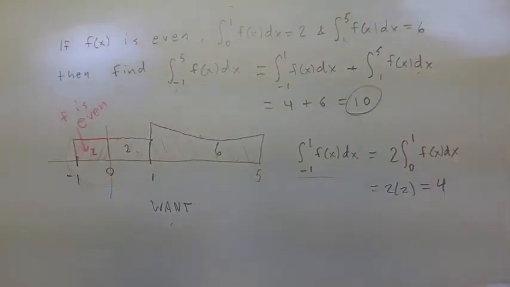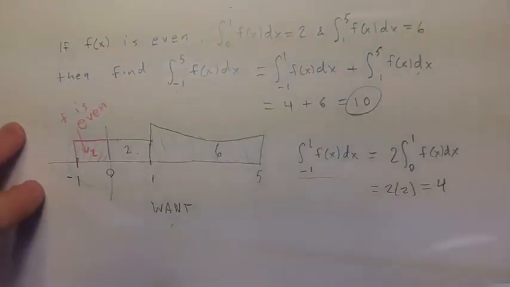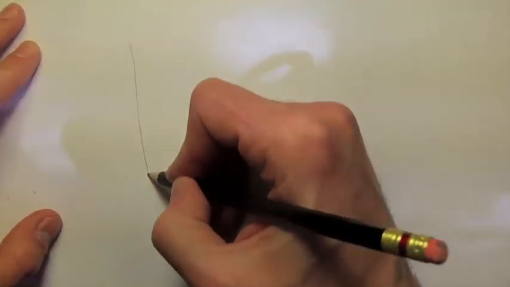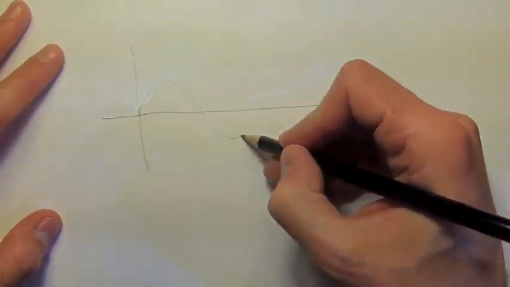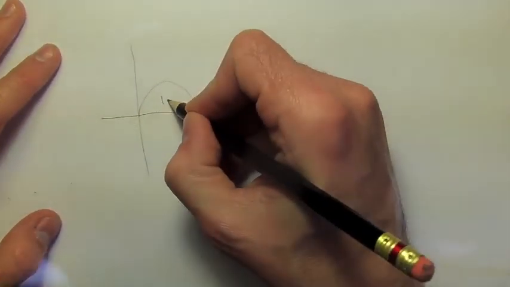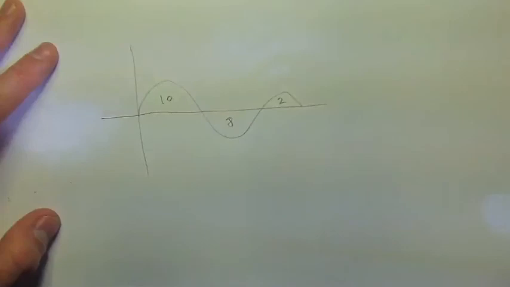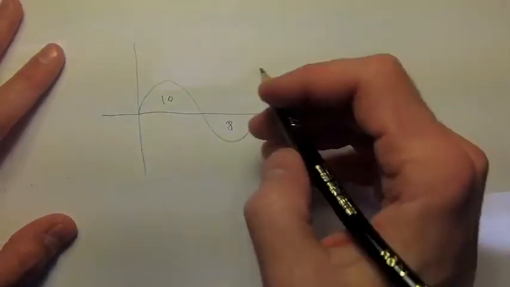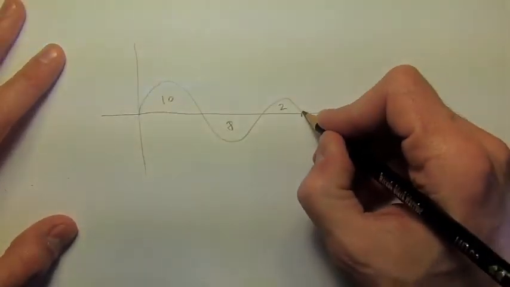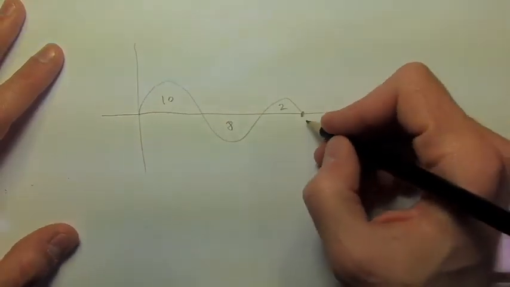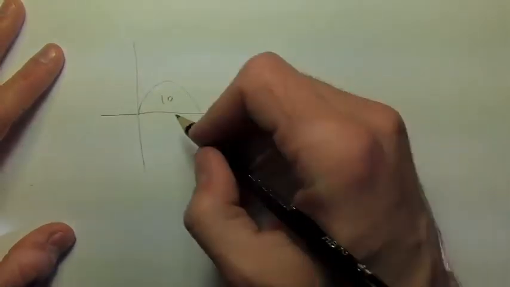One little thing I wanted to mention before we finally finish this off is that if you're given a graph like this, and this is 10, this is 8, this is 2, and let's say this is 5 here, right?